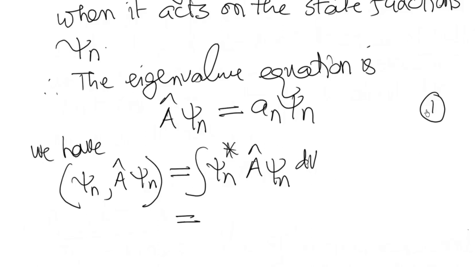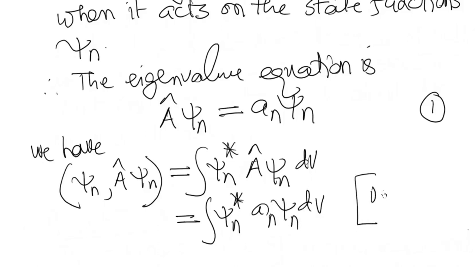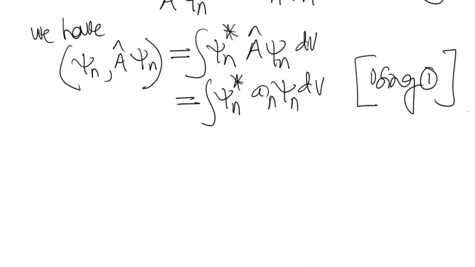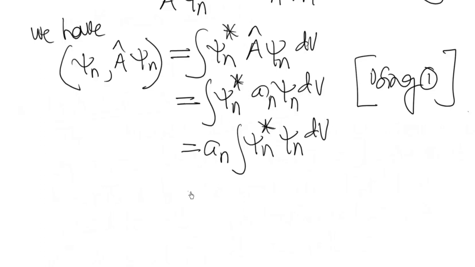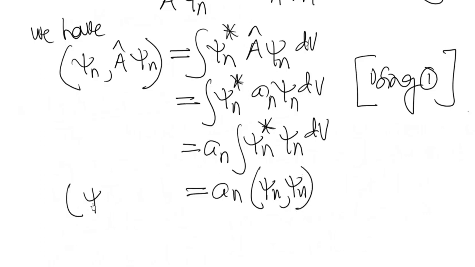If you substitute 1 here, we bring a n, this eigenvalue constant, outside, and this is psi n star psi n dv, and this is a n times the inner product of psi n with itself. Let us suppose this is equation number 2.